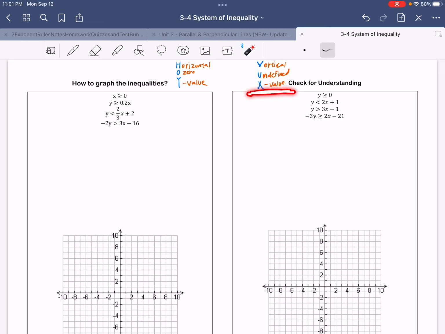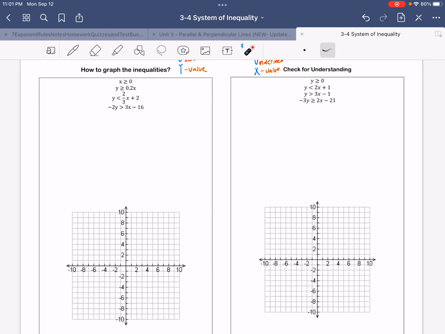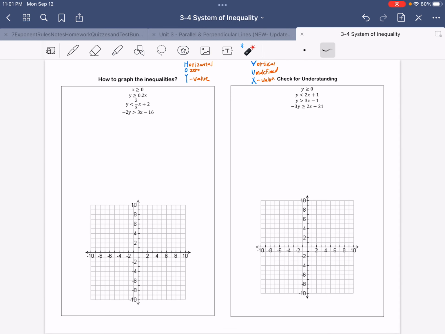Because VUX has the X value, and according to VUX, we are gonna draw that vertical line. So let's do this one. We are gonna draw the vertical line where X is equal to 0. So as you can see, X is equal to -4, -3, -2, -1, and this is 0, right? That's the X value. And I'm gonna draw the vertical line like this.